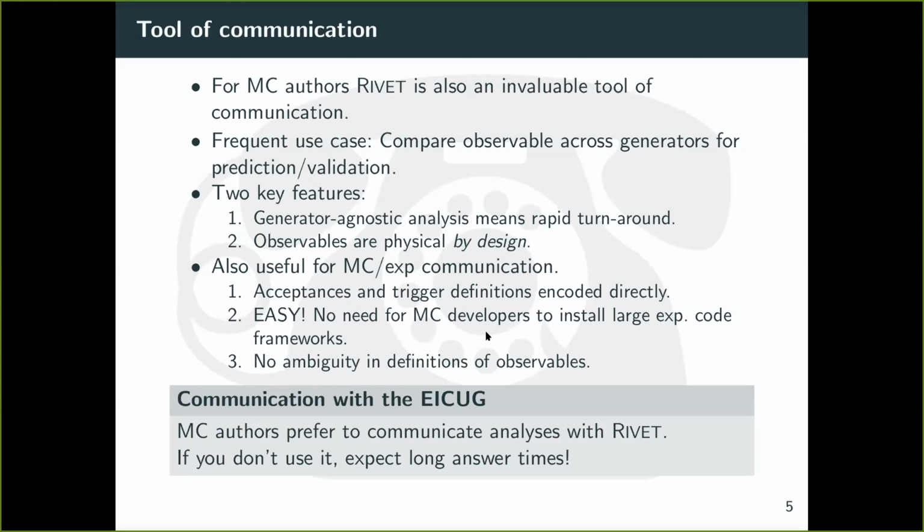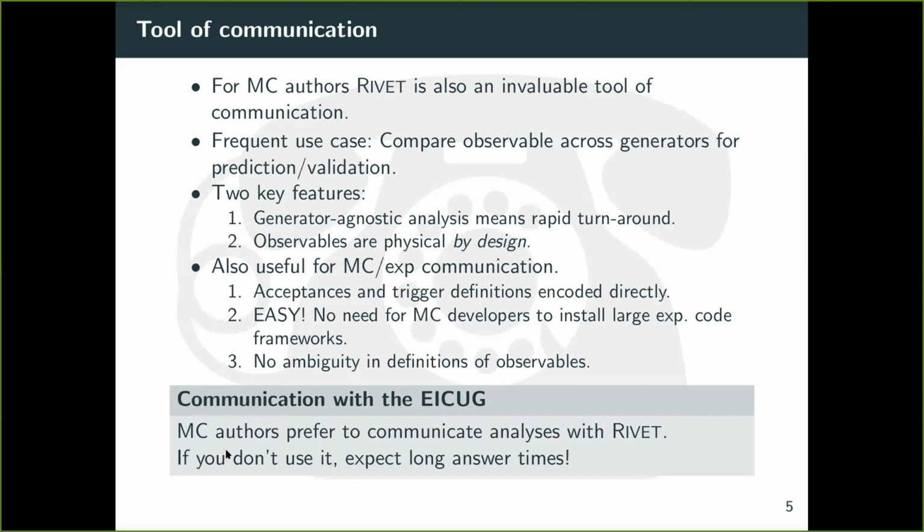For this reason, most Monte Carlo authors actually prefer using Rivet analyses when communicating with, say, an experimentalist who writes me saying, Pythia does a weird thing for this observable. Can you take a look at it? If you send me that request as a Rivet analysis, then I can sit down and run your analysis immediately, and I may or may not be able to figure out what is going on.